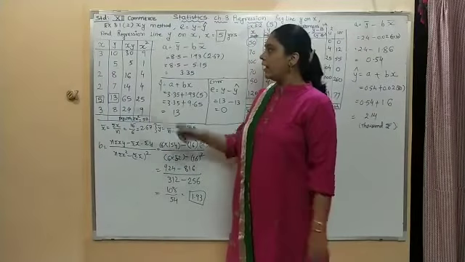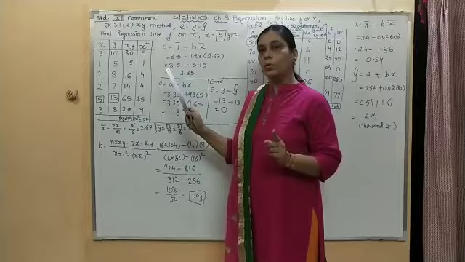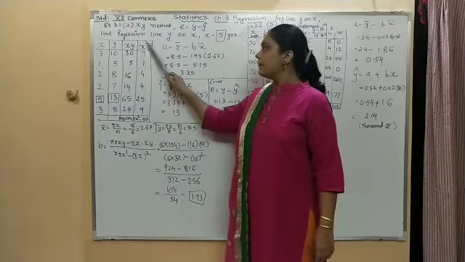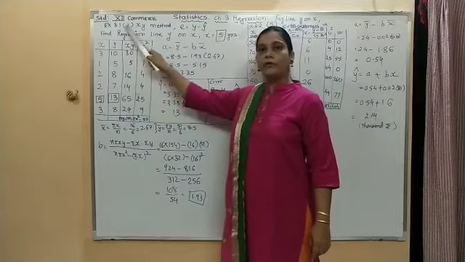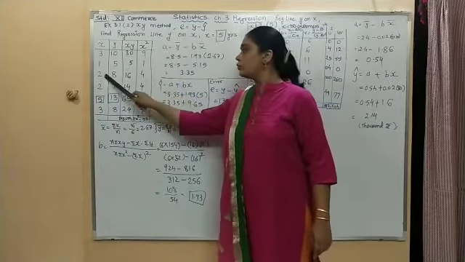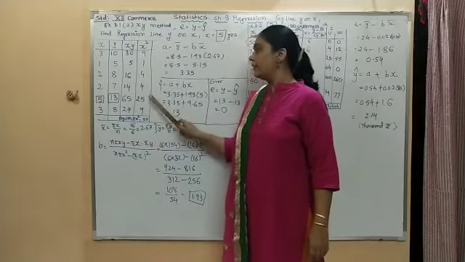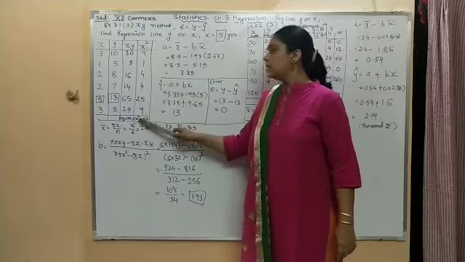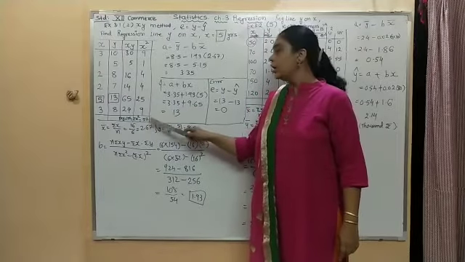So here xy, at the same time I am going to do the total. So the total would be 154. Same way x square, we will find the square of the first column. 3 square 9, 1 square 1, 2 square 4, 5 square 25, 3 square 9. So the total would be sigma x square is equal to 52.